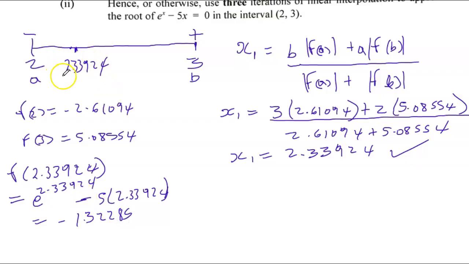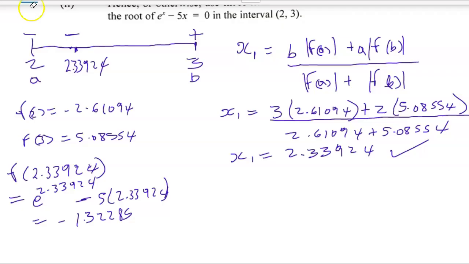Alright, so f of this value gives us a negative value. And remember that f(b), f(3), also gives a positive value. So notice f(2) and f(2.33924) both give us negative values. So the root is not between 2 and 2.33924. So the root is between 2.33924 and 3, since f of these values give us different signs.